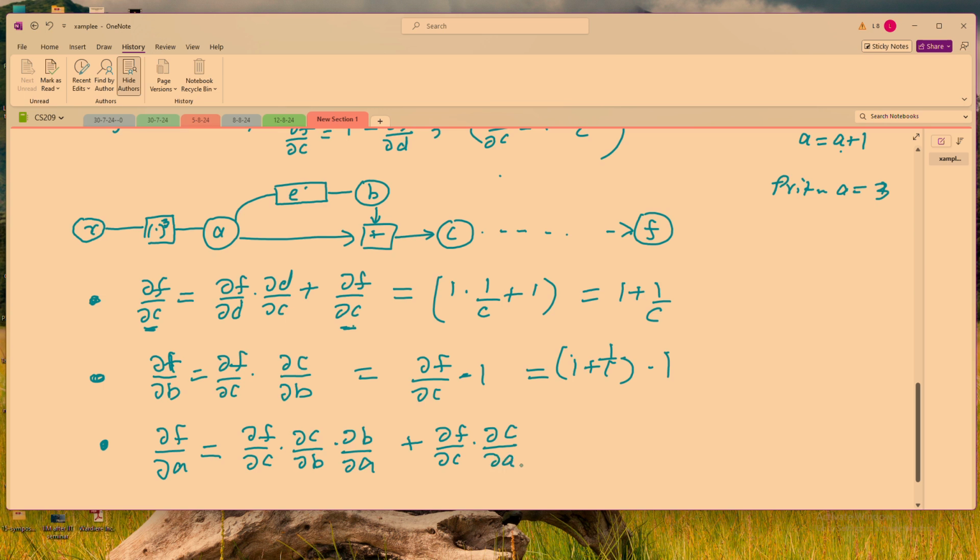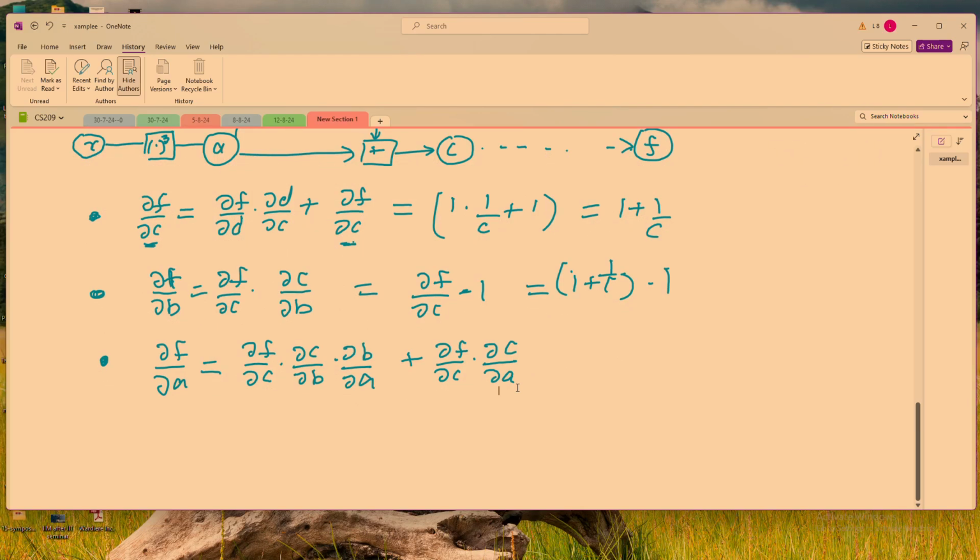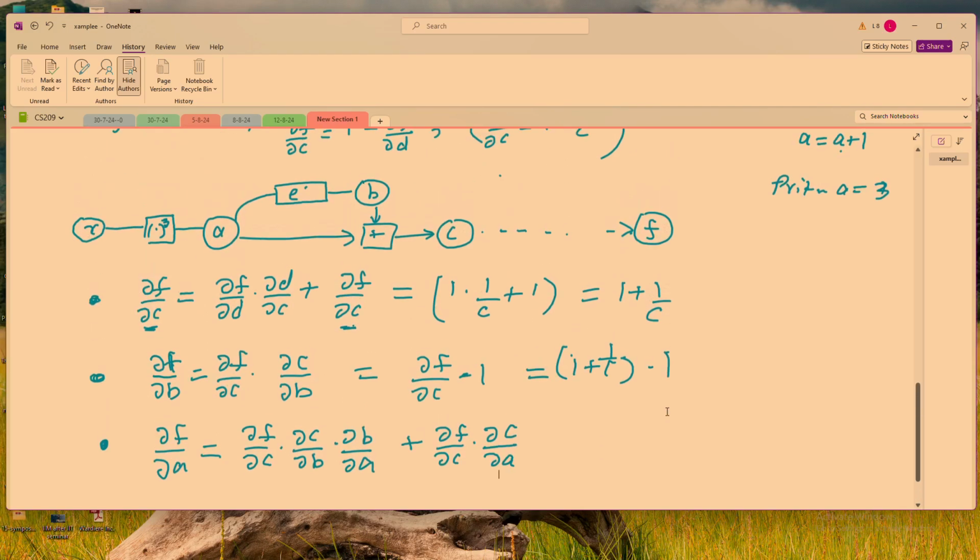Correct? This is what we had done. So now what I am trying to say here is that since you have already computed df over db, you did not write dc over db, db over da, because this thing is df over db and db over da plus df over dc times dc over da.